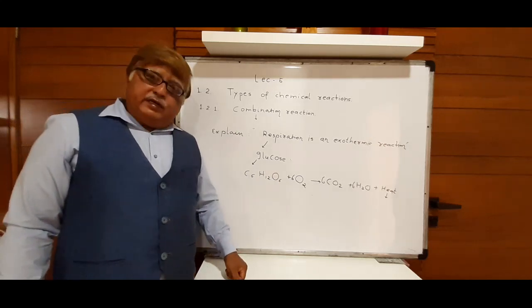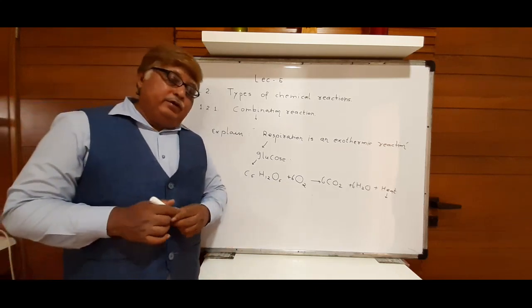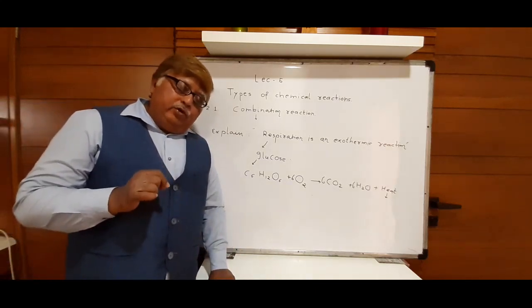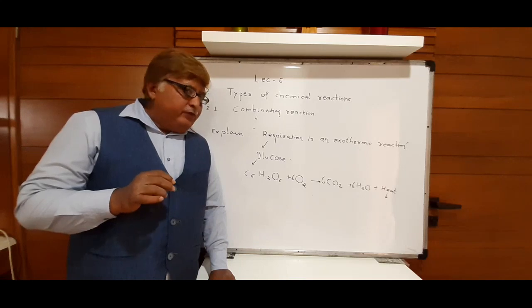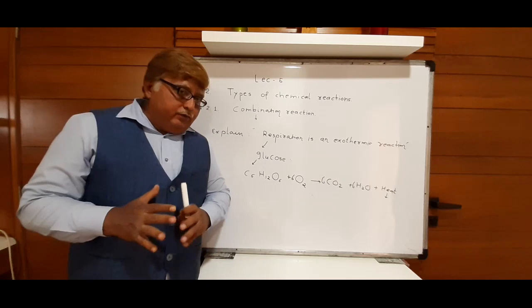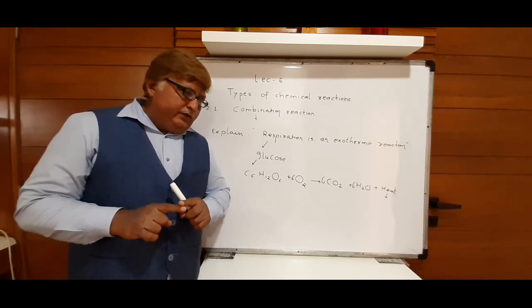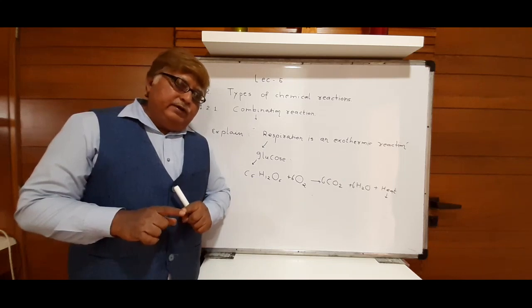After you write this chemical equation, what will you write as the next sentence? During the above chemical reaction, we can observe that glucose molecule is oxidized and forms carbon dioxide, water vapor, and heat energy.